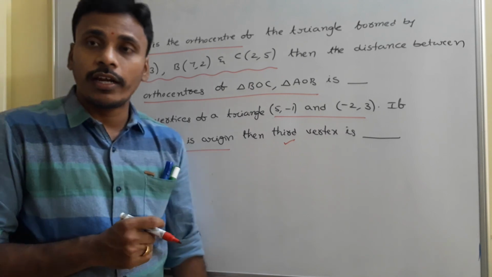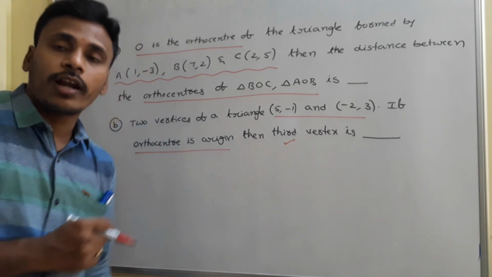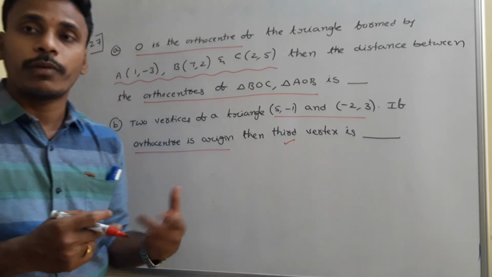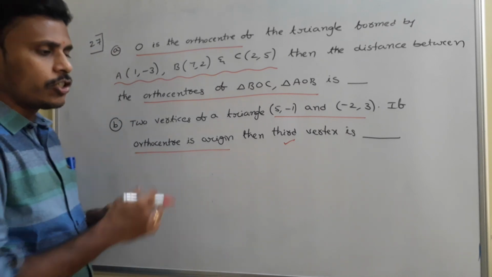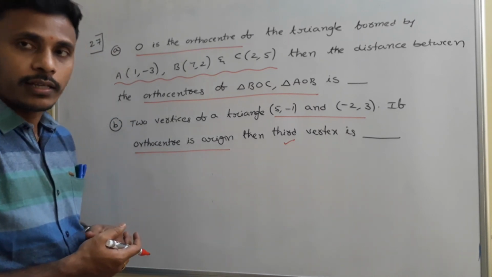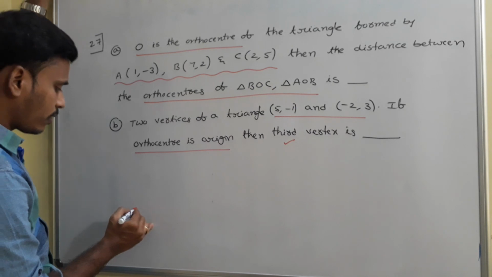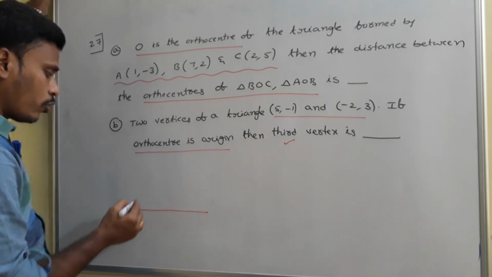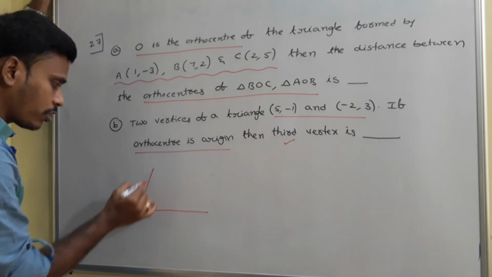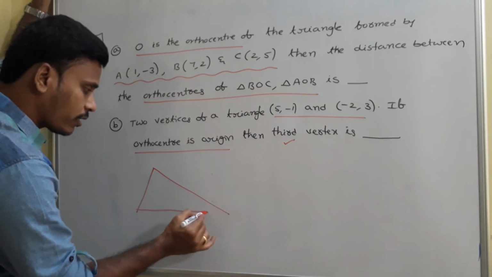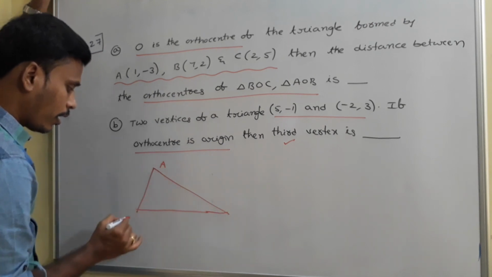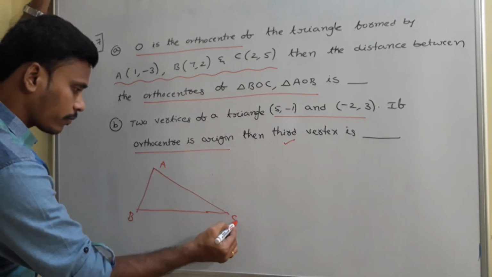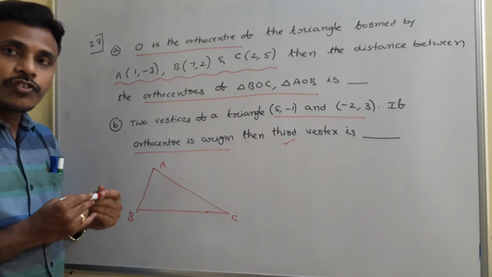It is related to the orthocenter, and we already discussed it in previous sessions, in geometry, in properties of triangles. But I will revise it. First, I am giving you the logic. Suppose we have a triangle ABC.